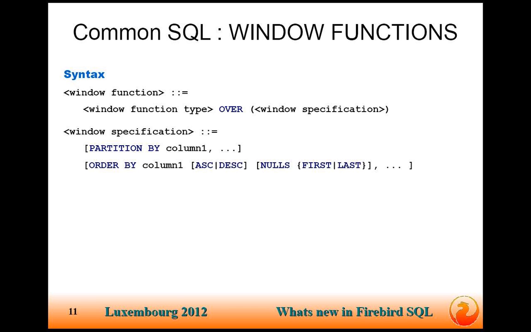Also, an order could be specified for the window. Some window functions, such as LEAD and LAG and FIRST_VALUE, NTH_VALUE, depend on the order of the rows in the result set, so you can specify order in the window specification.